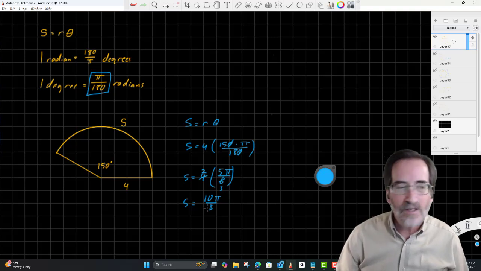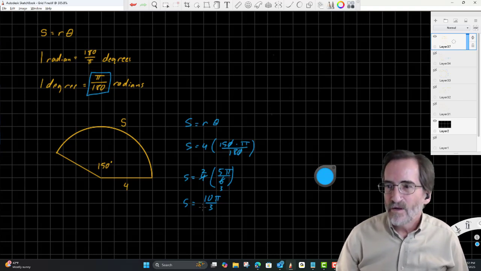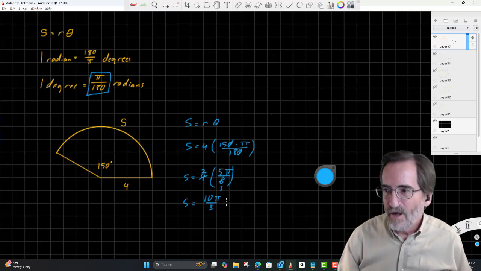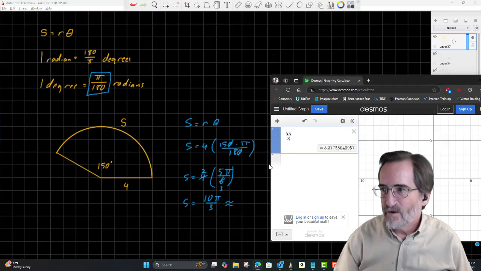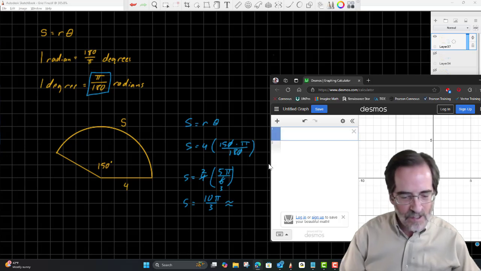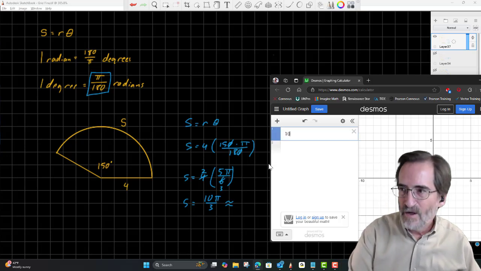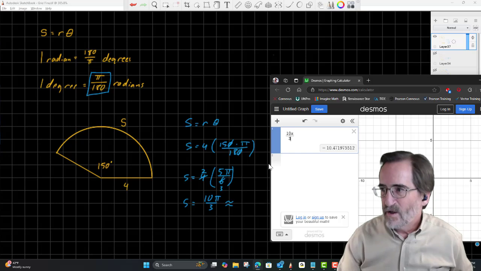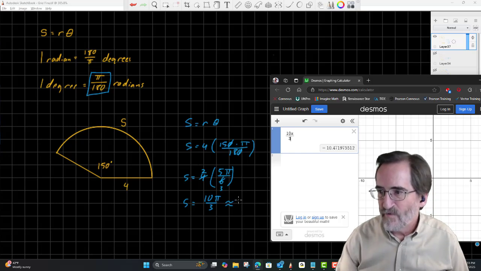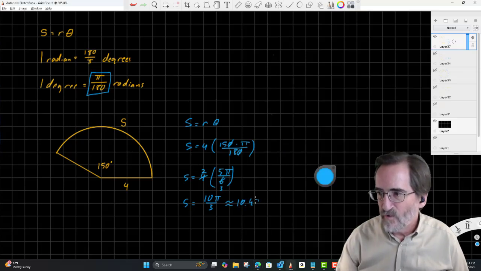Now, 10 pi over 3, yeah, that's the arc length. And we can get an approximate value for 10 pi over 3. Let's do that here. 10 pi over 3 is 10.47 inches.